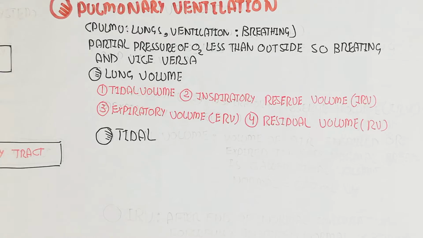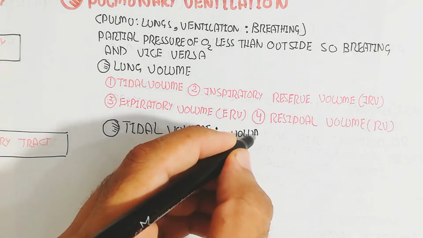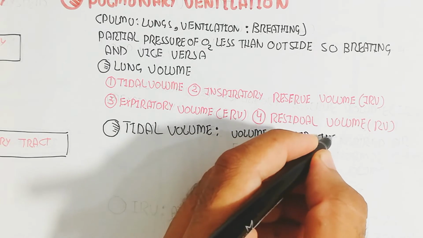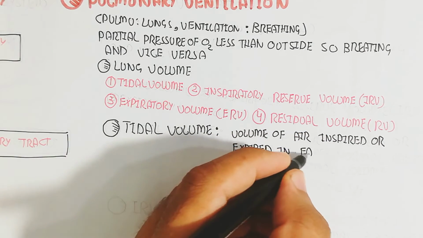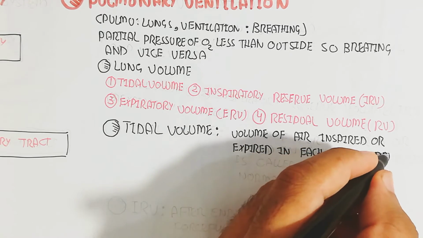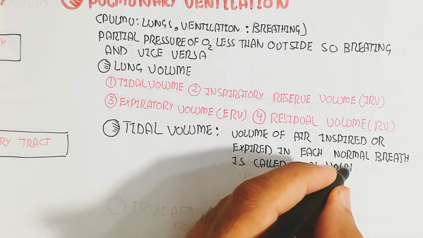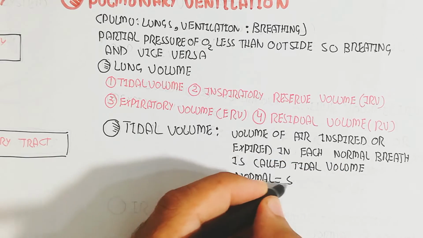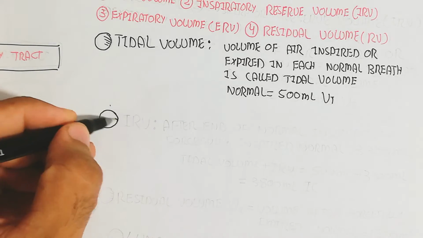The volume of air inspired or expired in each normal breath is called the tidal volume. The normal tidal volume, VT, is equal to 500 ml.